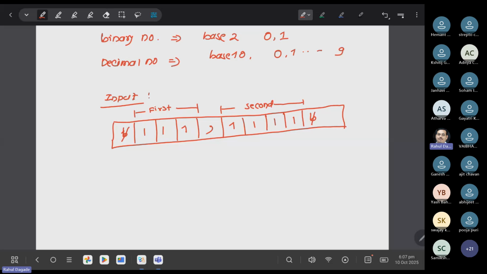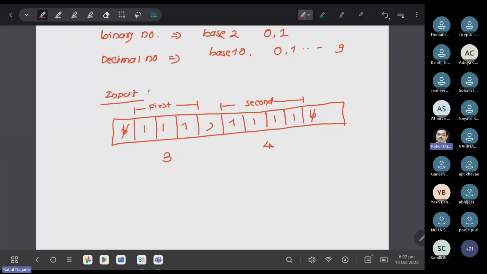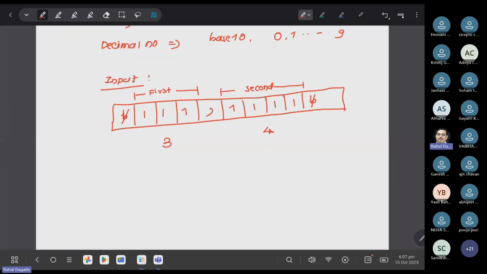So what is the value of the first number? How many ones are there? 1 2 3. So the actual value of the first number is 3. And that of the second number, how many ones are there? 1 2 3 4. So the second number has a value 4. If we add 3 plus 4, the value is 7.